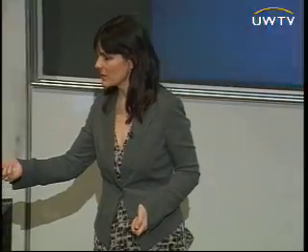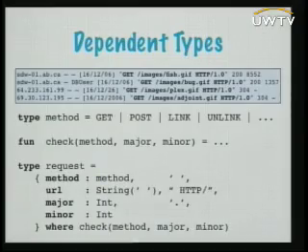Okay. So in fact, this slide shows a little bit of that example. Now this is describing the get request part of the web server log. A get request has the method that you want to use, so either it's get or post or link or unlink. This is an example of an enumeration, another type that you can use. And now you have the URL that you're asking for and what mode of HTTP you're using. And then there's a constraint that says certain methods are obsolete after 1.1.